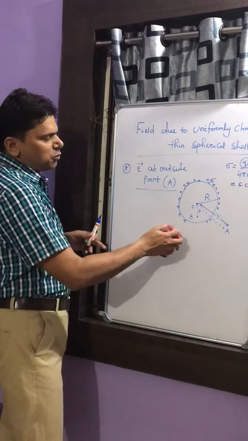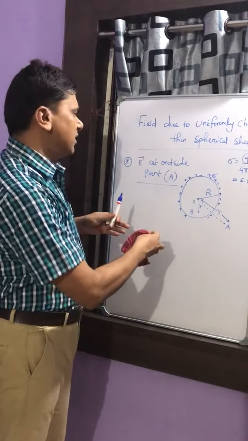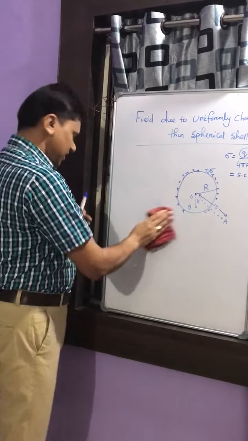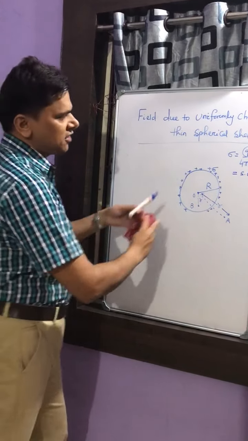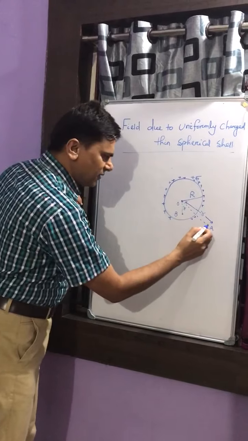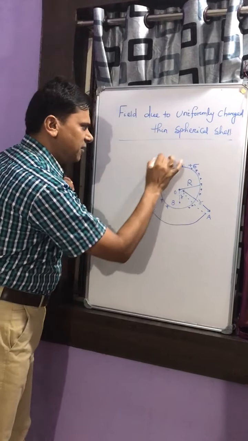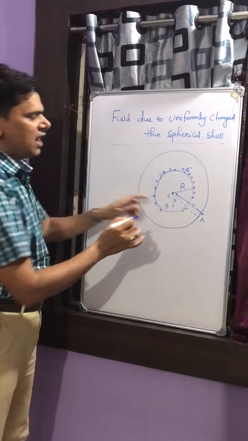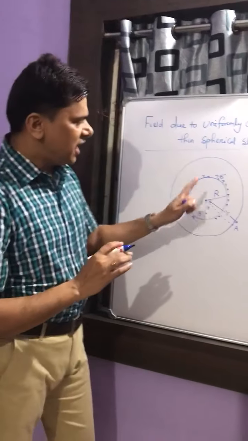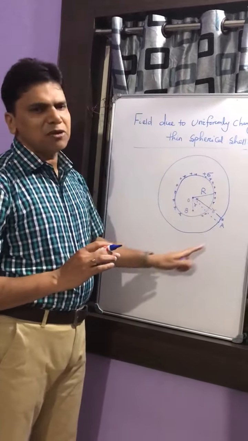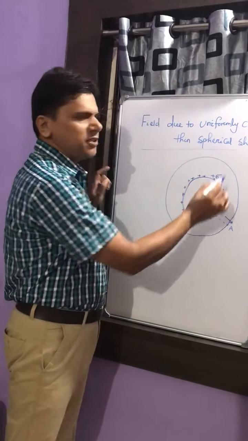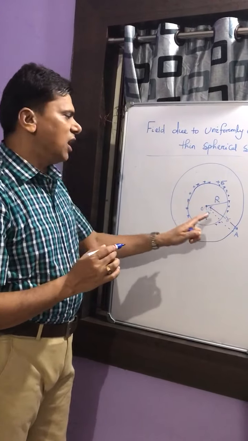Now, to calculate the electric field, first we have to take a Gaussian surface. In this case, the Gaussian surface will be a spherical surface, like this, having radius small r, because we have to take the Gaussian surface symmetric about the charge distribution. So here the Gaussian surface is again a sphere of radius small r.